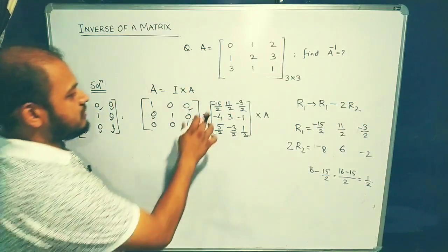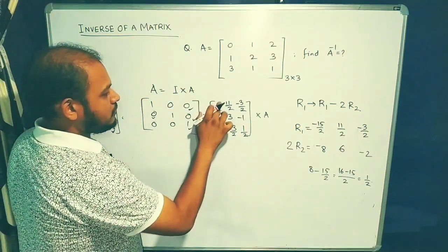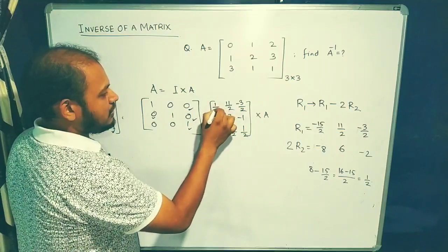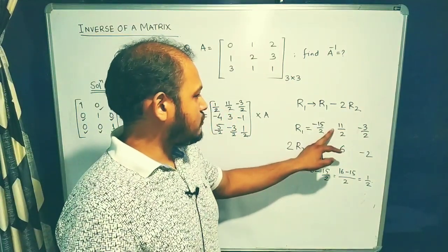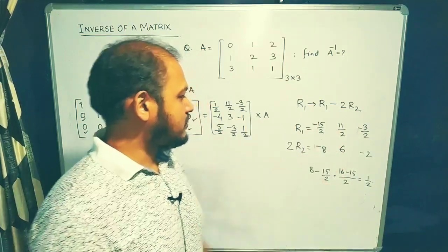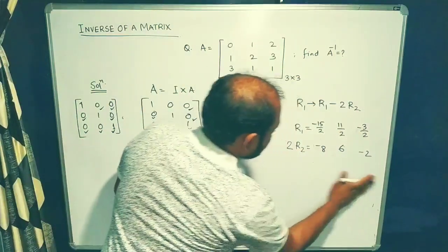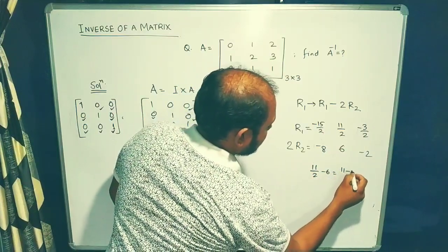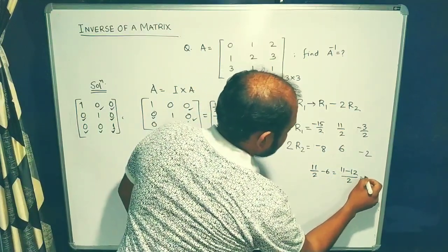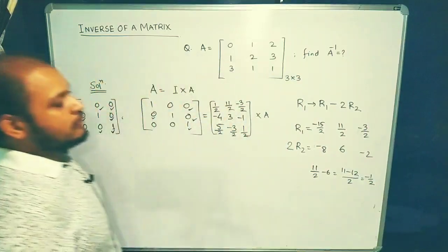So we have a half at this position, and on the next position R1 minus 2 R2 is 11 by 2 minus 6. So what is 11 by 2 minus 6? This is 11 minus 12 by 2, and that is minus half, right?